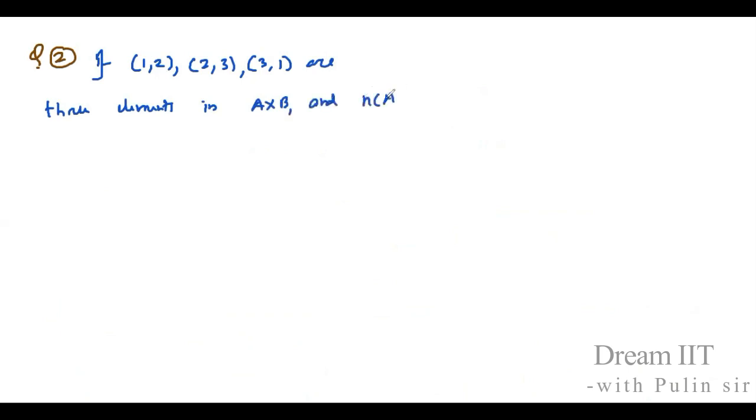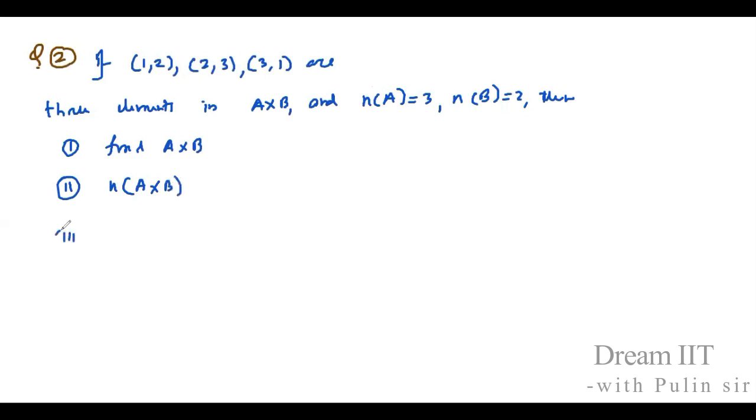Now question number two. If (1, 2), (2, 3), and say (3, 1) are three elements in A cross B, and the number of elements in A is 3, the number of elements in B is 2, then number 1, find A cross B; number 2, find the number of elements in A cross B; then find B cross A. So these are the things you have to find.